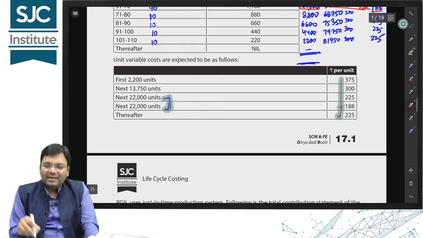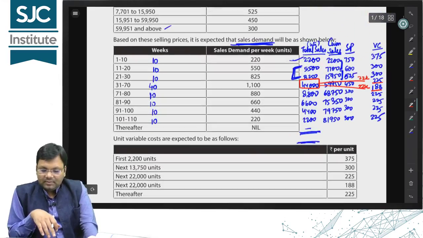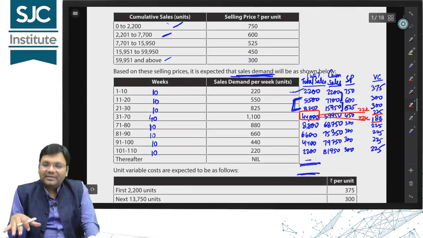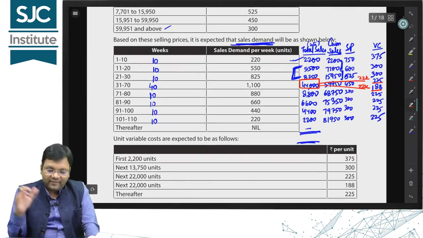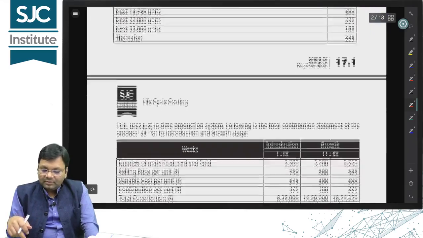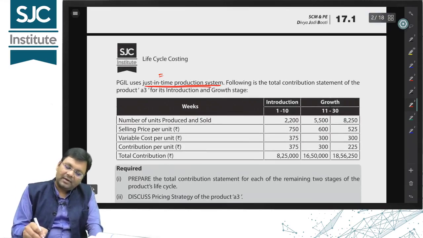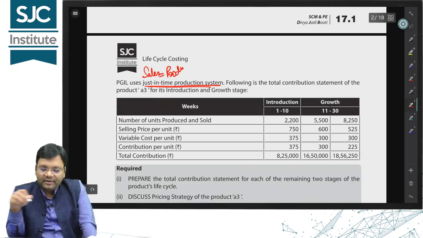Cost is like life cycle pattern, price is also life cycle pattern. The only thing is they are not mentioning anywhere where is the different stage. So now it's coming. PGIL uses JIT production. We have a separate chapter on this, don't worry. But right now you just understand that this means sales is equal to production. That means there is no inventory.